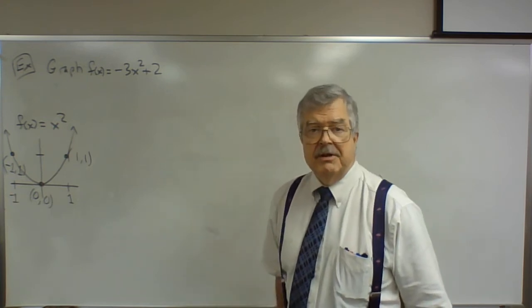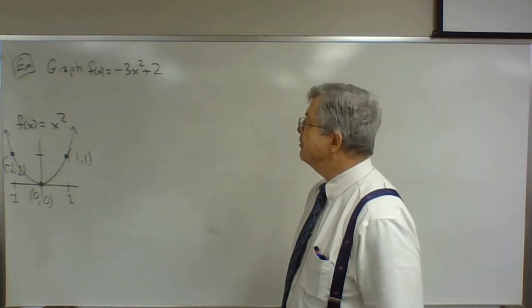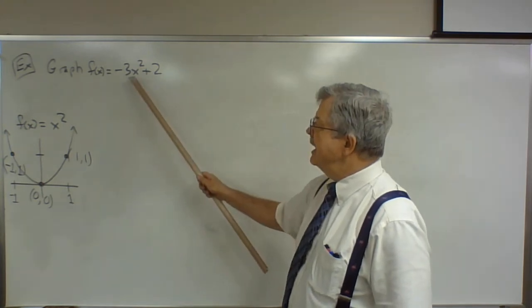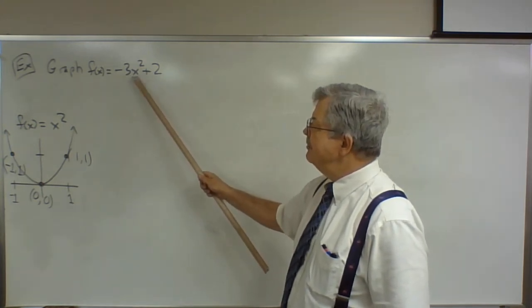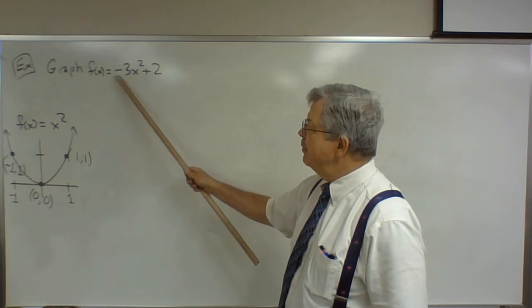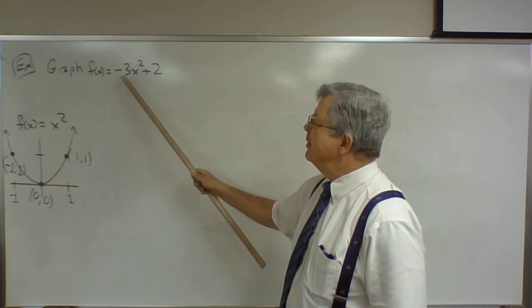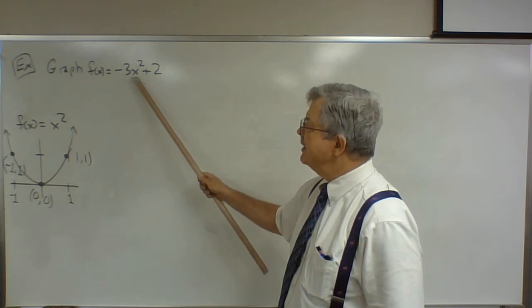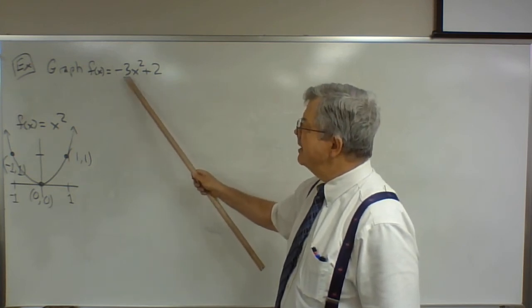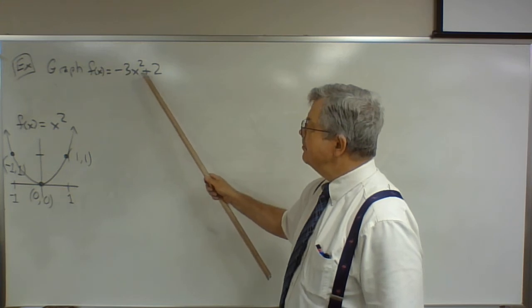Now, what should we do first? Well, let's see. We have 3 times x squared and negative 1 times 3x squared plus 2.